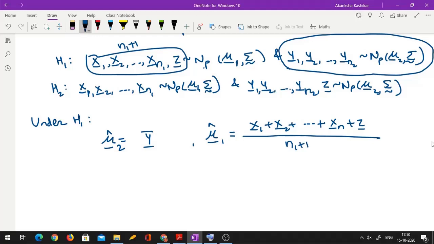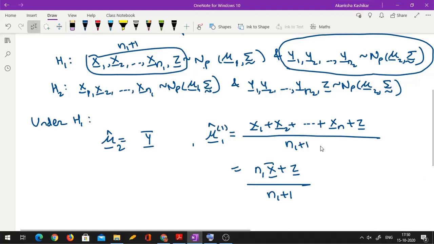Because this much we know, that the population mean can be estimated by the sample mean, and not just that, the maximum likelihood estimate for the population mean is the sample mean. So this becomes n1 times x bar plus z upon n1 plus 1. This is my mu1 hat under the first hypothesis. Similarly, this is mu2 hat under the first hypothesis.